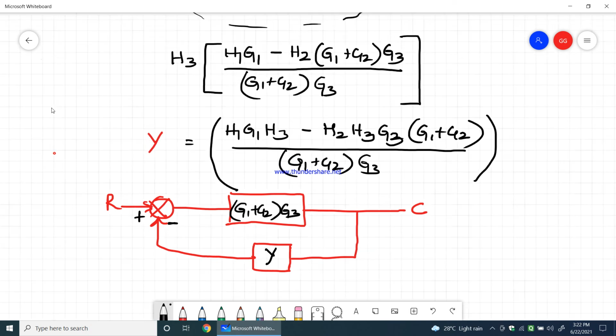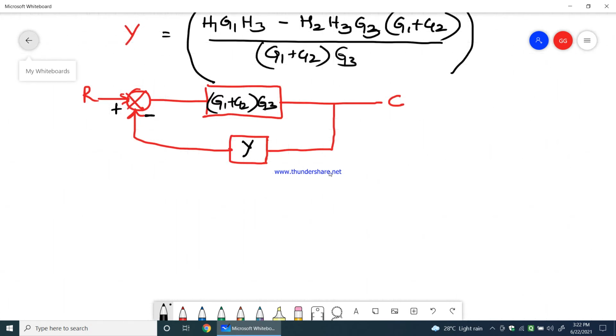Now finally we have a single feedback loop, therefore I'll say C by R equals G divided by 1 plus GH.